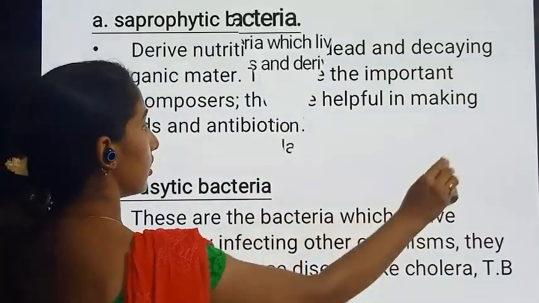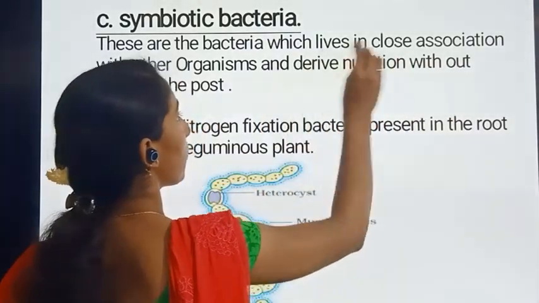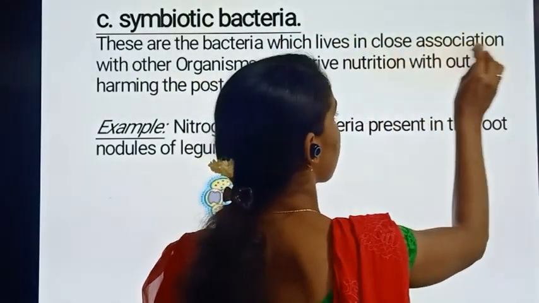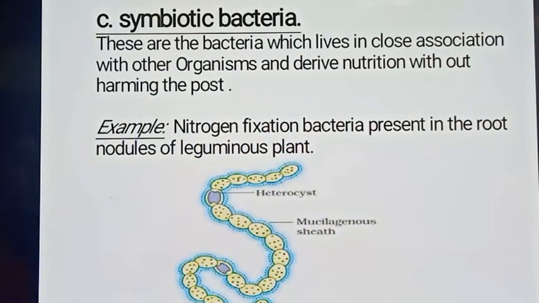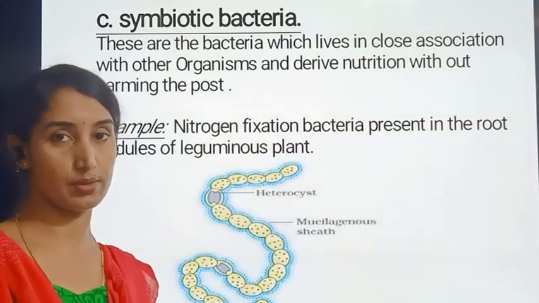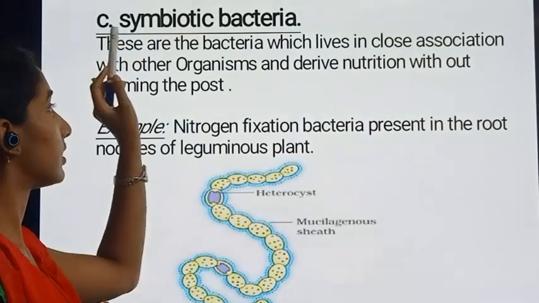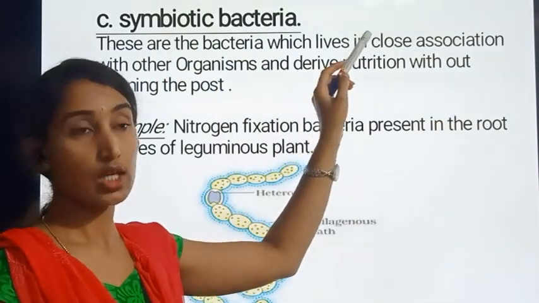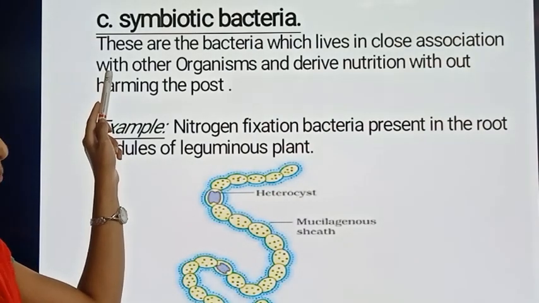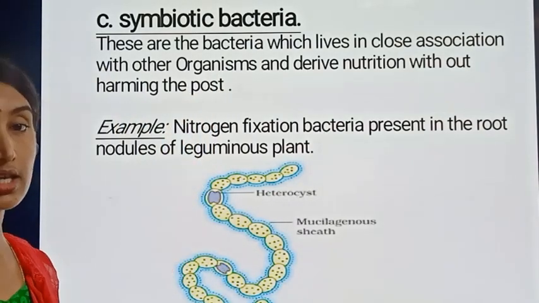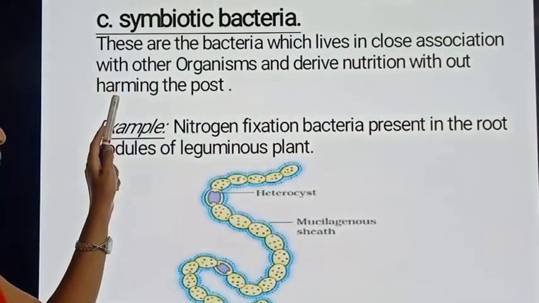Next, the third type of heterotrophic bacteria, that is, symbiotic bacteria. Let me see what it is. Symbiotic bacteria are bacteria which live closely associated with other organisms and derive nutrition without harming the host.